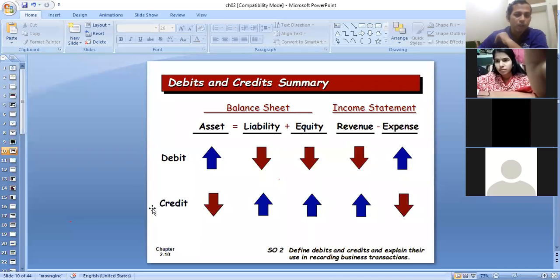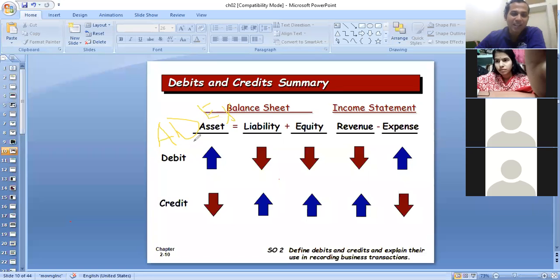If you can remember these two terminologies, then you can overcome the hurdle you're facing in debit and credit. So now I am writing one formula here: B, E, X. You see my writing on the board on the slide.